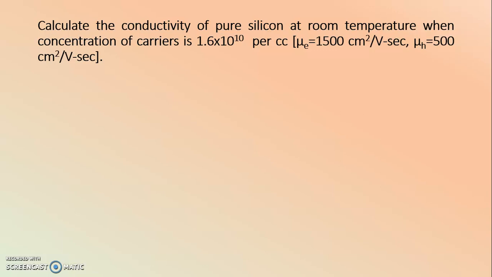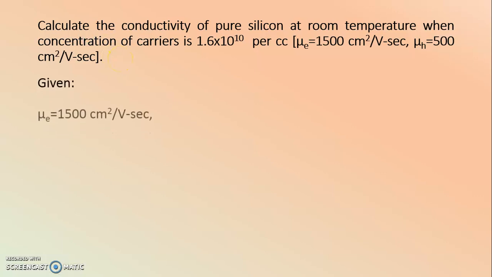Here silicon is mentioned, and there is no mention of whether it is p type or n type semiconductor. So we should use the general formula, and in the bracket the mobility is given as mu suffix e. Okay, so see the givens.